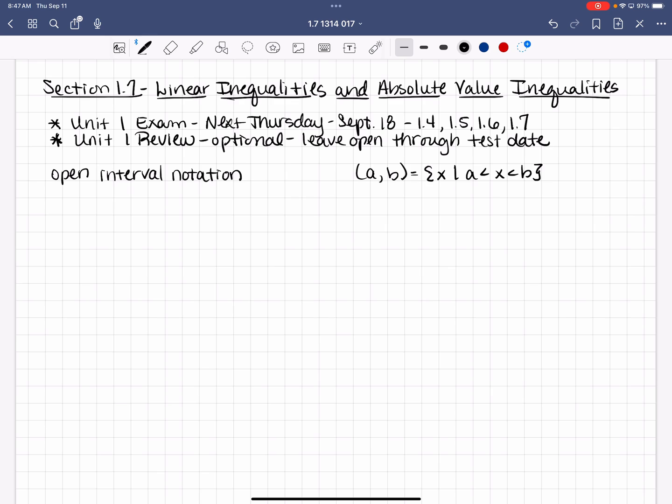Now, what this says, this is an open interval. It goes from the values A to B. It doesn't include those values because it's a set of parentheses. And then this little chunk out here in the curly braces is called set builder notation. It's read, X such that A is less than X is less than B. So it's talking about all the values in between A and B.